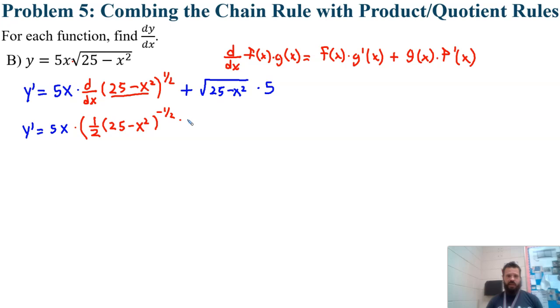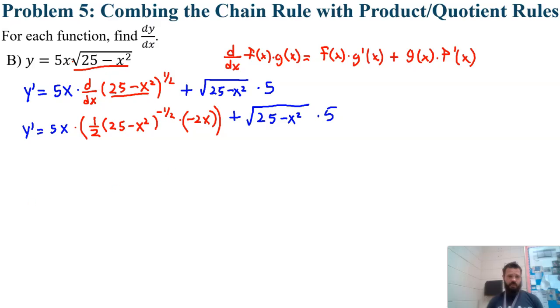Minus x squared will be a minus 2x. Suppose we'll close this first parenthesis off. Okay, so there's my d over dx of that square root 25 minus x squared. The rest of the derivative is just the same thing we had before. And there you go. There's a way we could write the derivative expression or function.